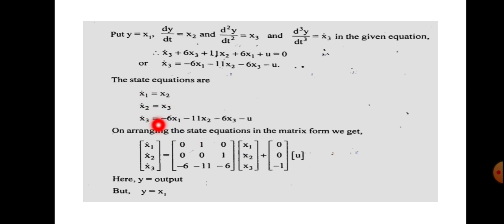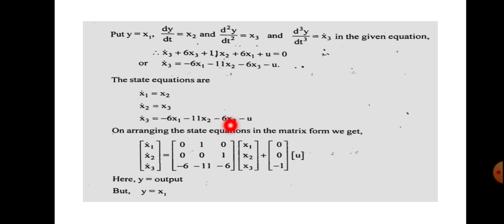So we have 3 equations since it is a third order system. We can form the state equations by writing this in the form of a matrix. The left side is a column matrix, that is x1 dot, x2 dot, x3 dot. That will be equal to, here the x1 term is missing, so we can put a 0. Next the x2 term is 1, and the other term is 0. Next x1 and x2 are missing, so we can put 2 zeros, and the third term is equal to 1.